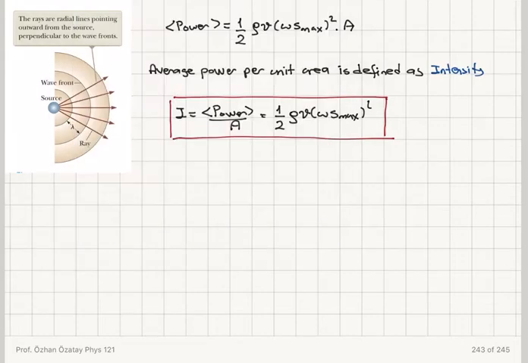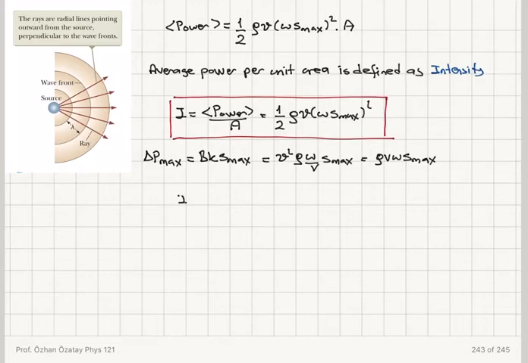I can also write the same equation using delta P max instead of s max. All I have to do is remember the relationship between them. So I can substitute delta P max equal to B k s max. B is v squared times rho, density. k is omega divided by v. So for delta P max, I can write rho v omega s max.